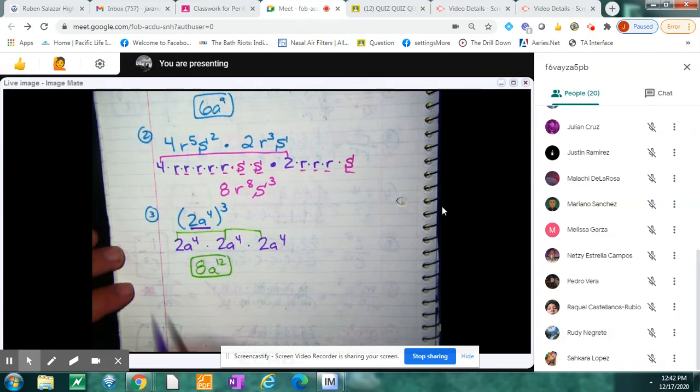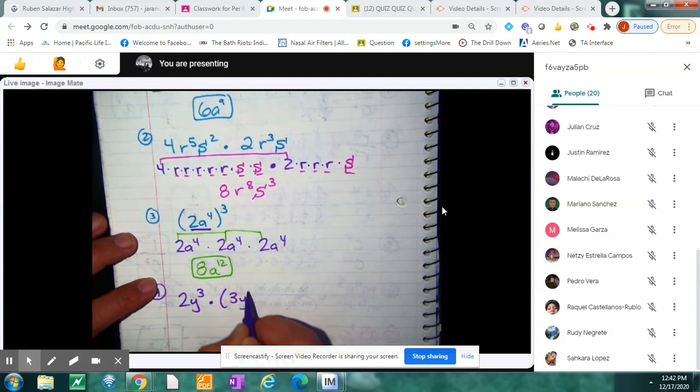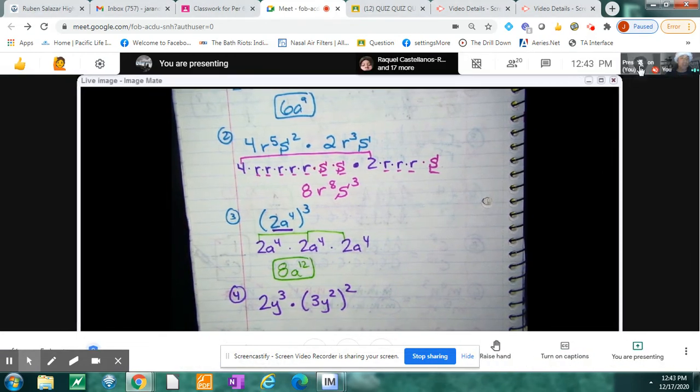Number 4, now we're going to mix it up with 2y to the 3rd times 3y to the power of 2 raised to the 2. Okay. So we're raising that to the 2. So how do you do that?